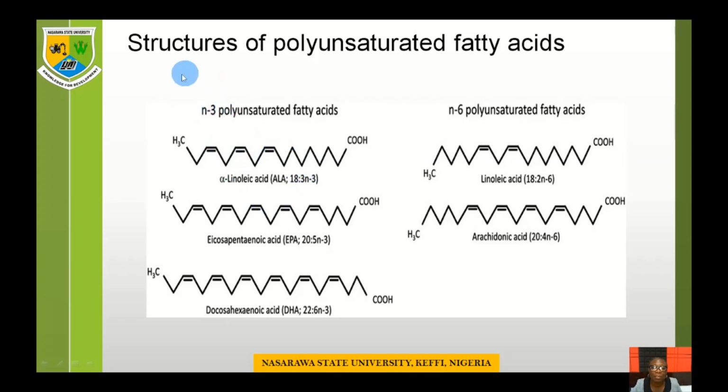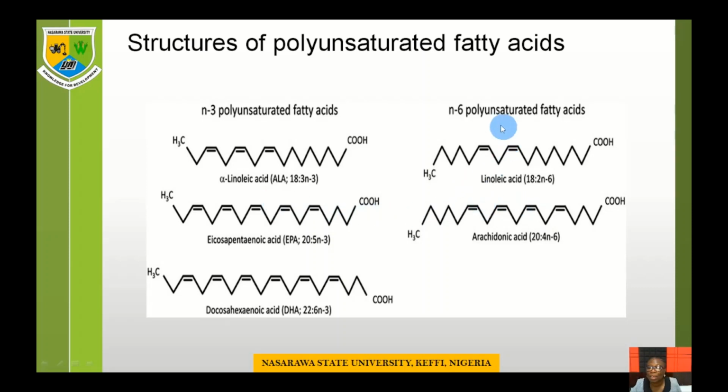But if we are counting as an omega-3 fatty acid, we start counting from this methyl end. All right, and this will be carbon 1, carbon 2, and carbon 3. That's why they are called N3 polyunsaturated, that is omega-3 polyunsaturated fatty acid. So you have the alpha linolenic.